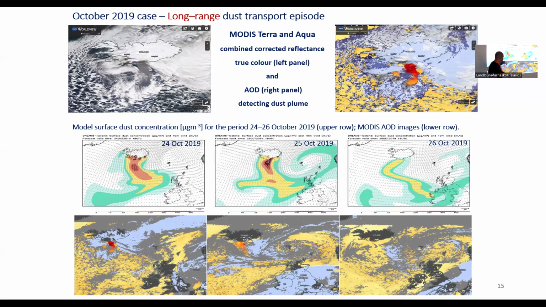You can see the orbiting cyclone here over the Faroe Islands is also really captured, with AOD in the satellite pictures. We concluded that the position of the plume is good, and these particles travel all the way down to the UK and Ireland.